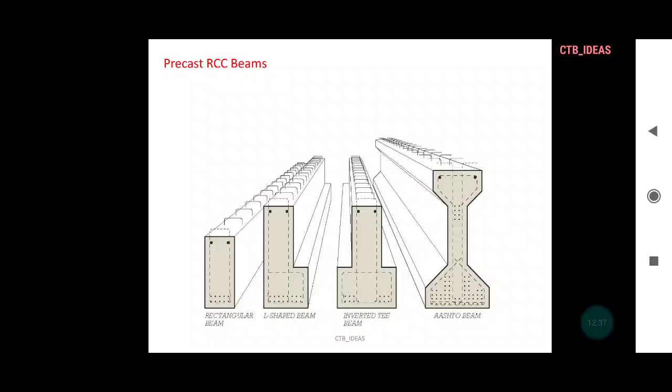As the image suggests, these are visually similar to what you do in cast in situ beams. In cast in situ conditions also, you have rectangular beam, L-shaped beam, inverted T-beam and I-shaped beam also. The difference is only the protruding reinforcements or the horizontal bars which you can see in the images.